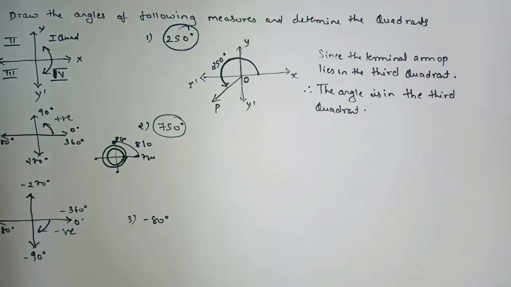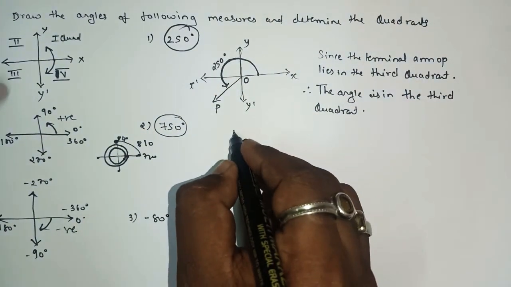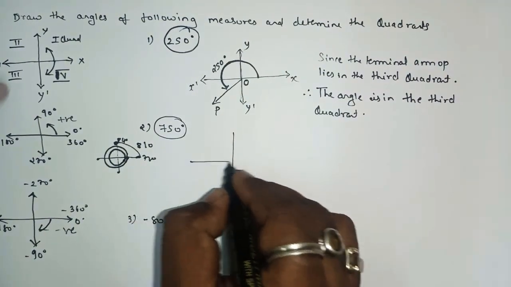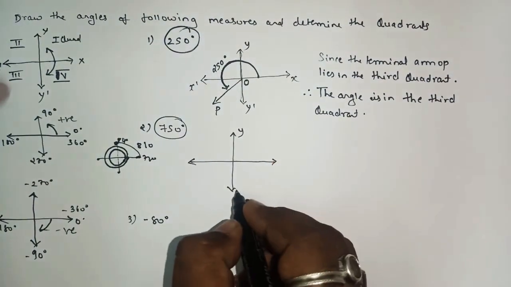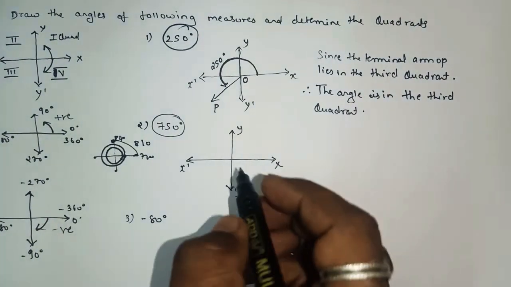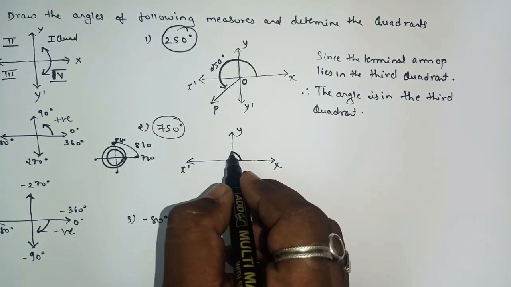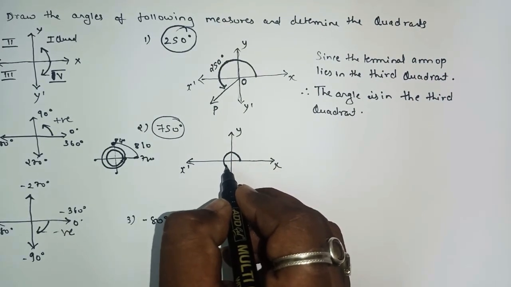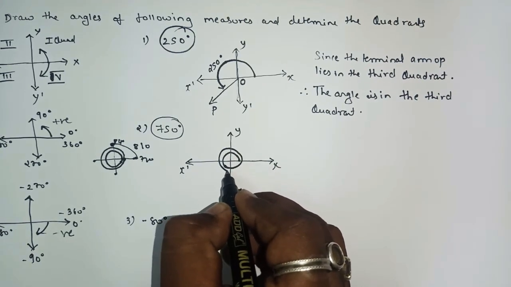Now we'll see how to draw the angle for the following measure. Simply by showing the axes, x dash, y, as we know that it will complete two rotations, one, two.